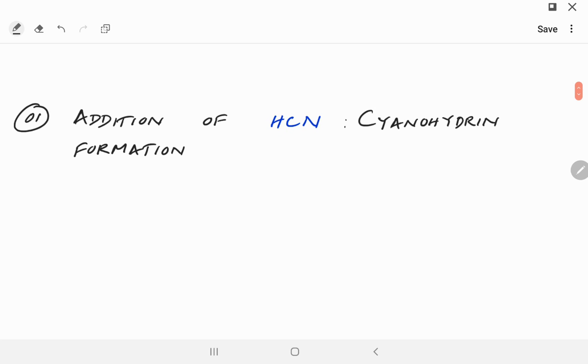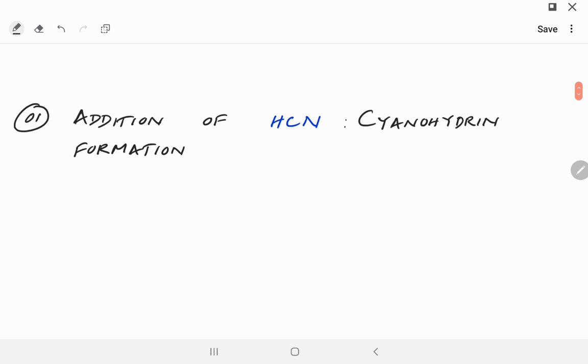Compounds with a carbon attached to both an OH group and a CN, or cyanide group, are known as cyanohydrin compounds.